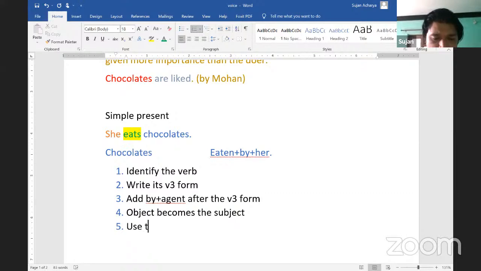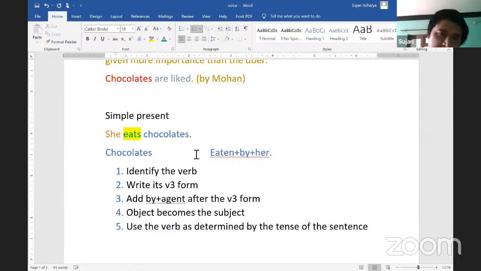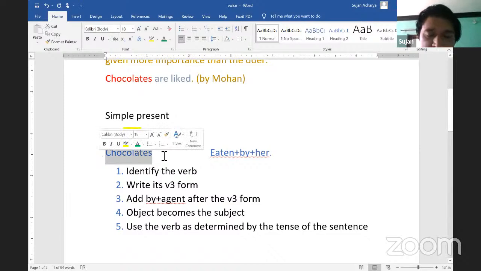Use the verb accordingly; this means V1, simple present tense. In simple present tense, now here comes subject verb agreement. What we have learned in subject verb agreement: if the subject is plural, use plural verb. If the subject is singular, use singular verb. Chocolates is plural, so use plural verb.